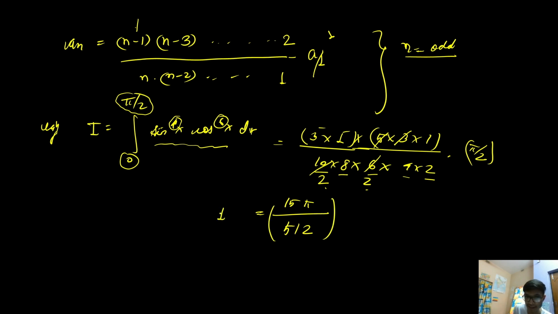So the answer will be directly 15 pi by 512. You can directly approach the result this way, and solve competitive exam questions in a very quick approach. So you have to remember the Wallis formula very well.